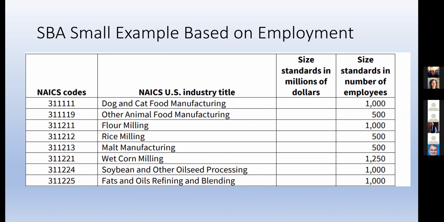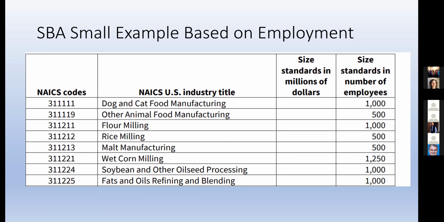This is just an example. So this is an SBA size example based on employment. If you're a dog and cat manufacturer and you're under 1,000 workers, employees, then you're eligible. In the previous example, somebody said we have an out-of-state headquarters and then we have a facility in Tennessee.